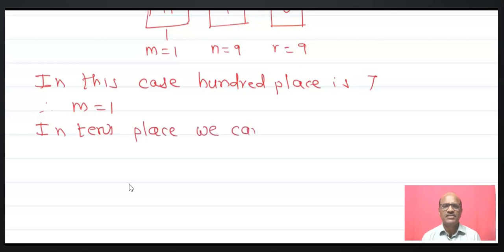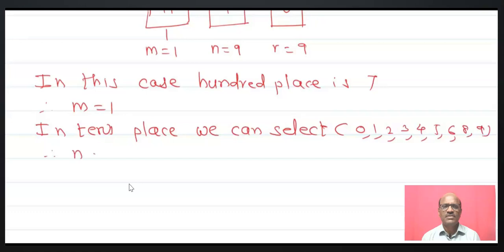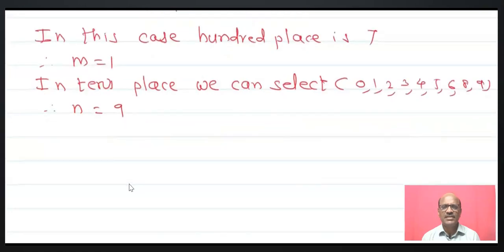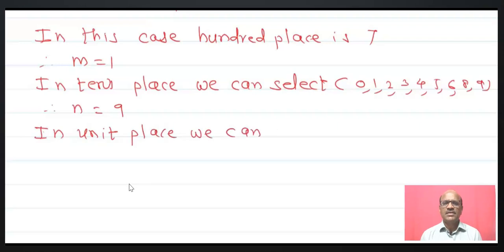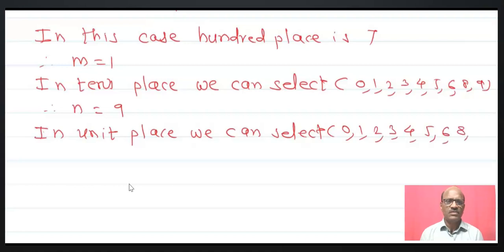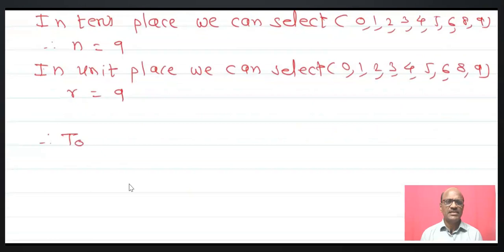In 10th place, we can select 0, 1, 2, 3, 4, 5, 6, 8, 9. n is equal to 9. And in unit place, we can select 0, 1, 2, 3, 4, 5, 6, 8, 9.